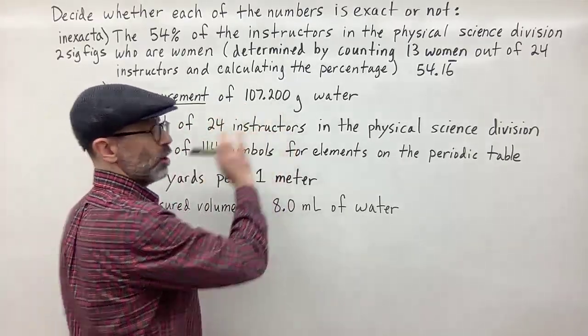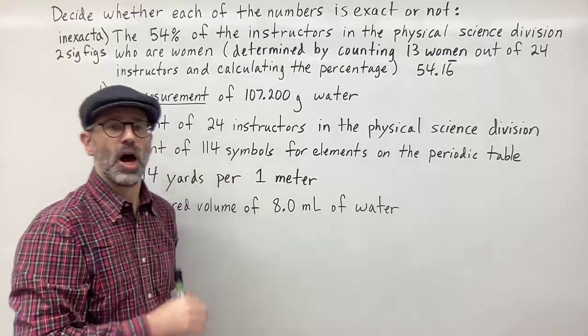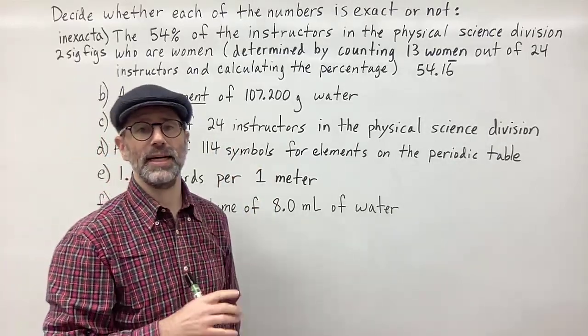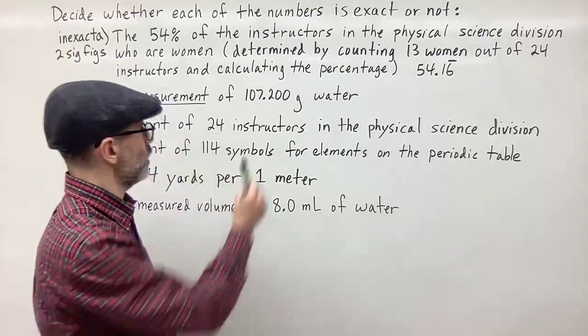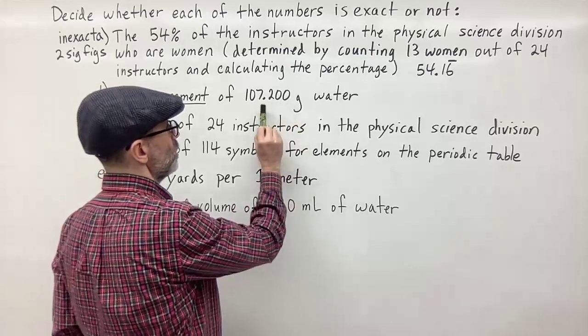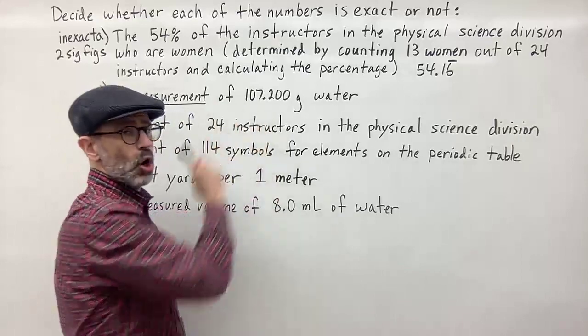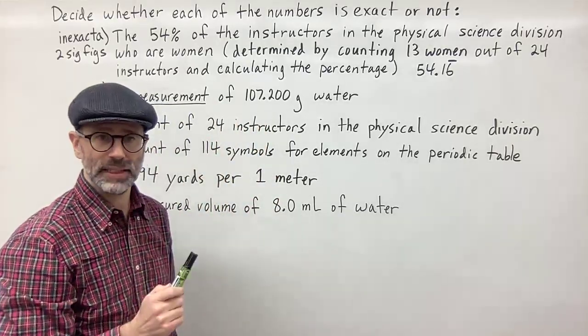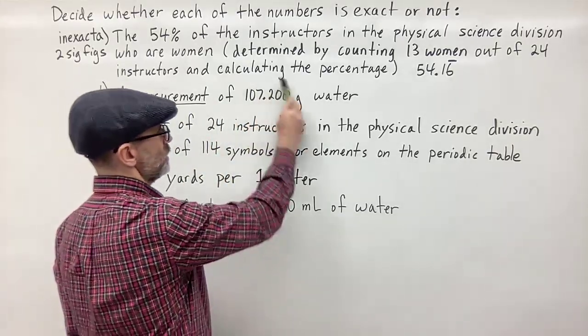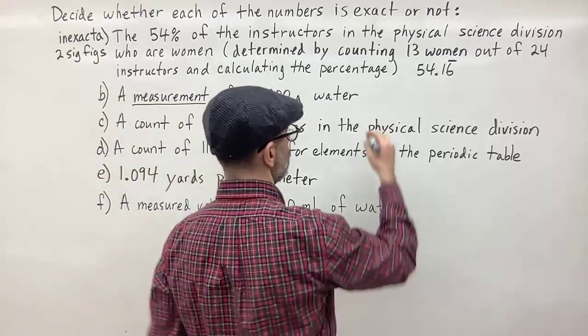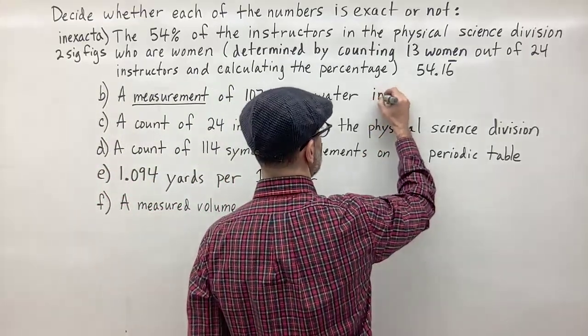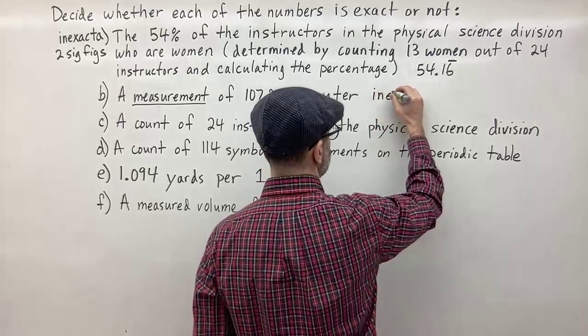The zeros at the end of a number are only significant if there's a decimal point. So these zeros at the end of the number are significant because there's a decimal point. Also, the zero between numbers is always significant. So all these digits are significant. So this is going to be inexact.